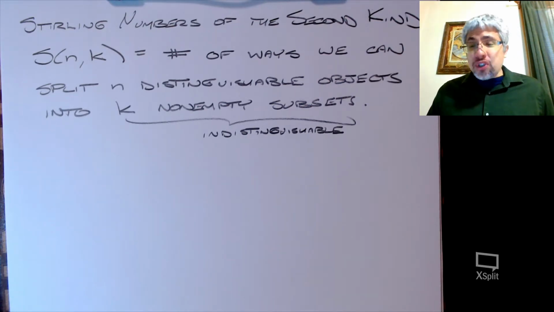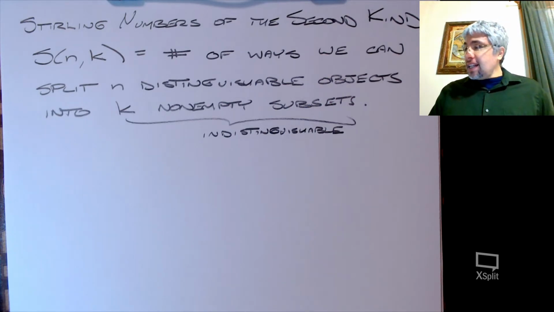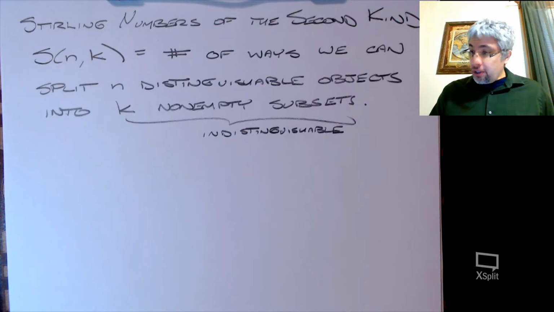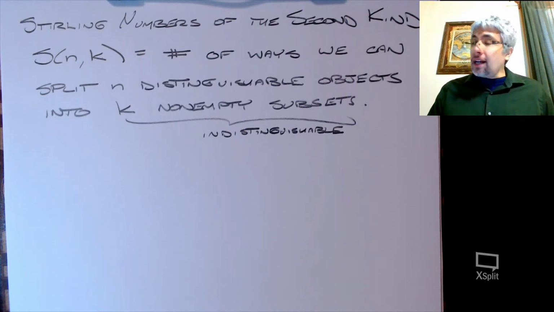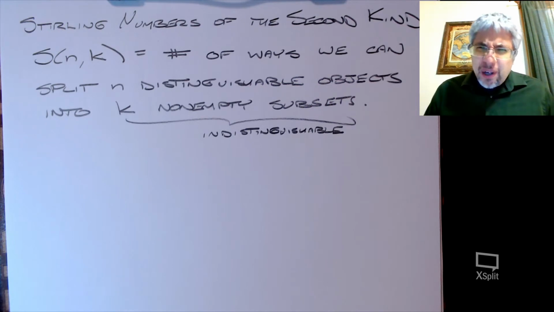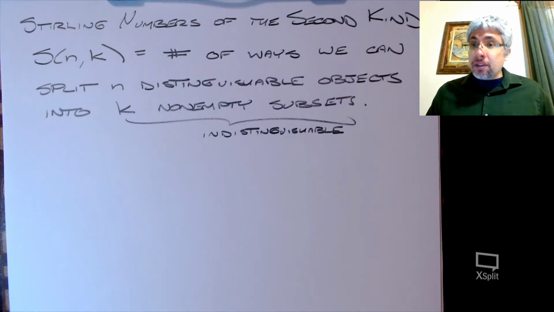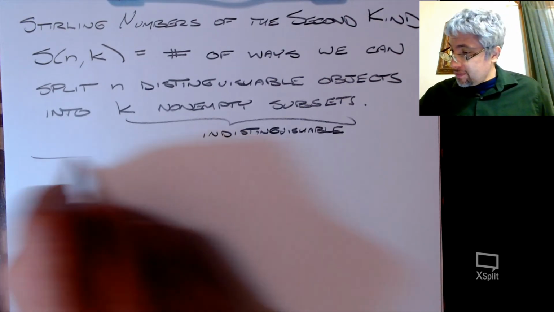So I could have shortened this by saying it's the number of ways we can split a set of size n into k non-empty subsets. And it doesn't really matter what's in the set either. So I could have even said it's the number of ways we could split the numbers 1 through n into k non-empty subsets.